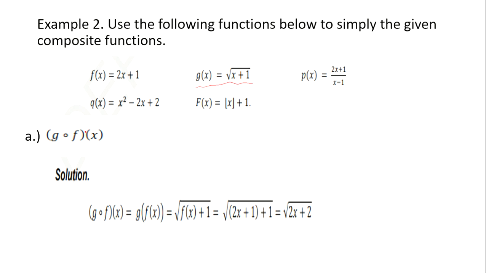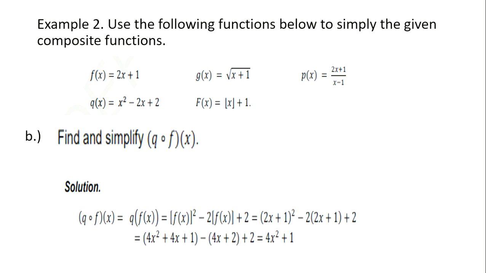We know that the value of f is simply 2x plus 1. So we insert 2x plus 1 for x, and simplifying, 1 plus 1 is 2. So the value of g of f of x is simply the square root of 2x plus 2.